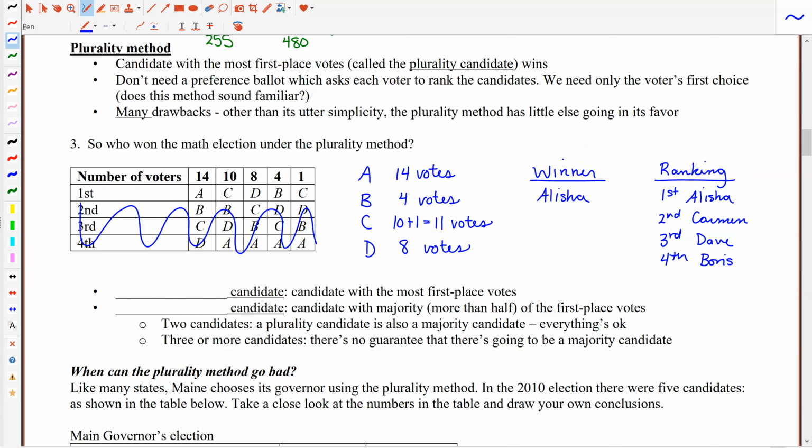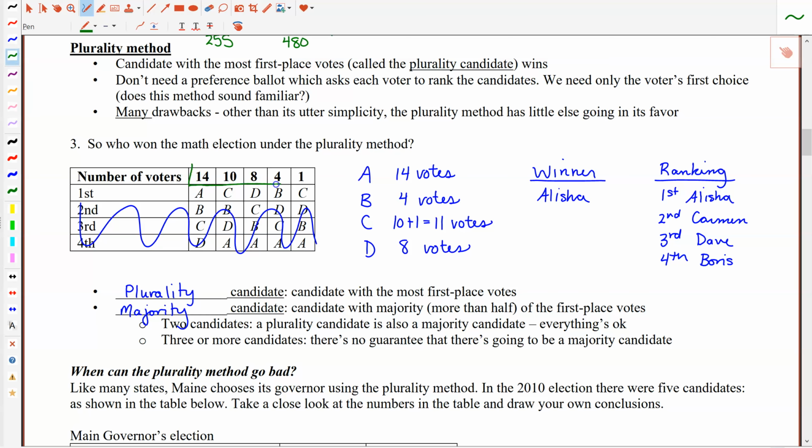Now before we go on, I want to clarify what's the difference between the plurality candidate, that's the candidate with the most first place votes, and another candidate which is known as the majority candidate. The majority candidate will be the candidate with a majority, or more than half, of the first place votes. So in this election for the math club, remember that we had 37 voters.